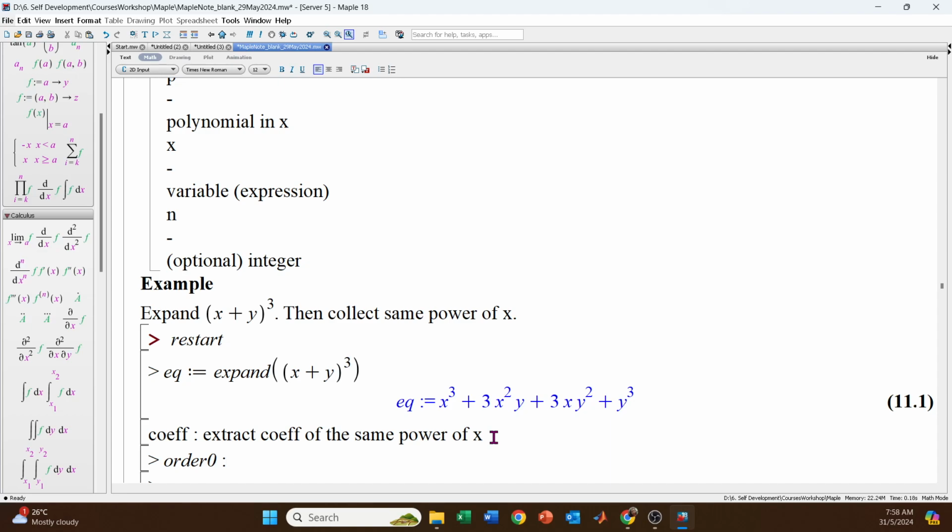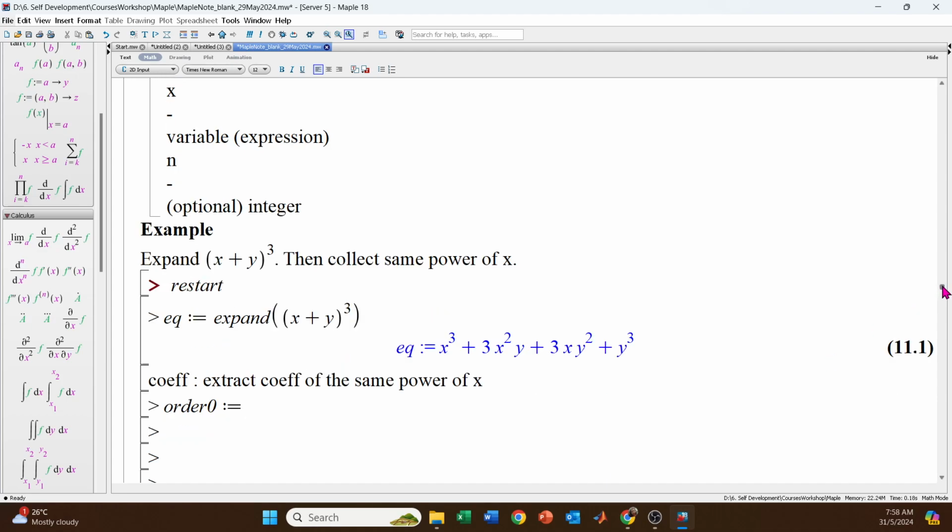You need this normally in ODEs, when you solve using undetermined coefficients, or solve a differential equation using power series. You want to extract the same power of x, the same power term, then you use the coefficient function to help do that.